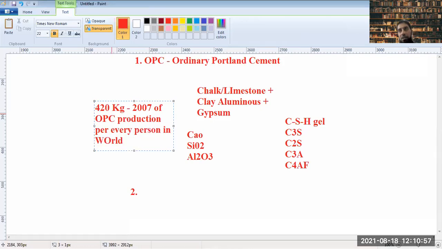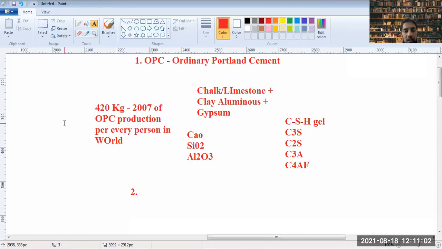The world population was around 5.5 billion in 2007. So 5.5 billion into 420 kg was the production of ordinary Portland cement throughout the world.